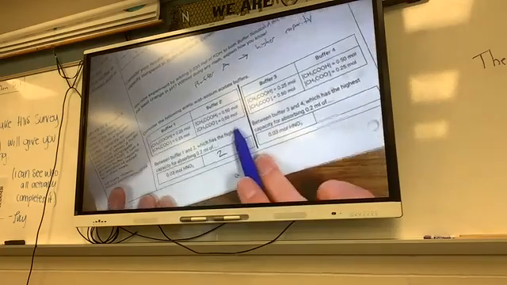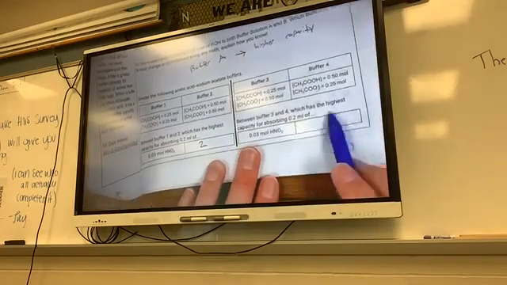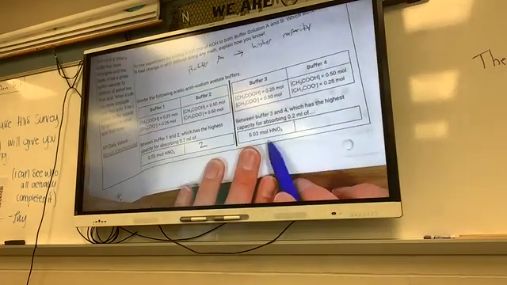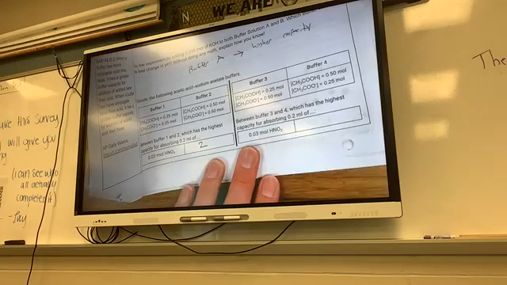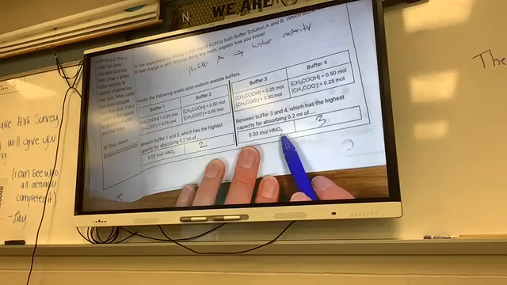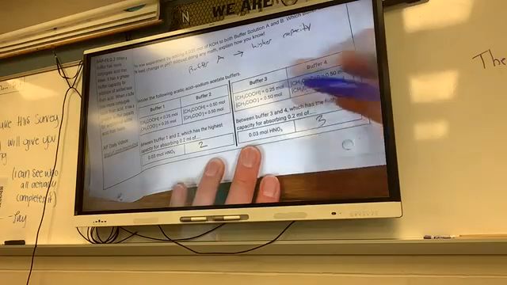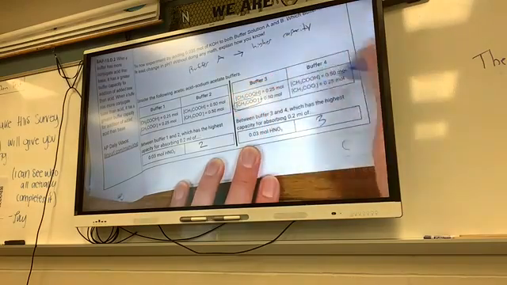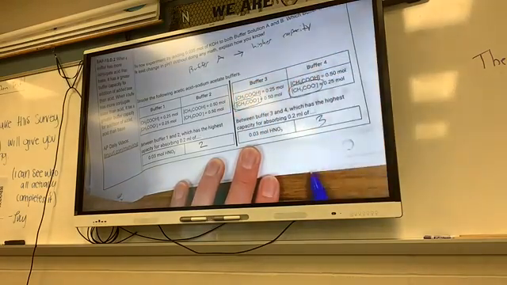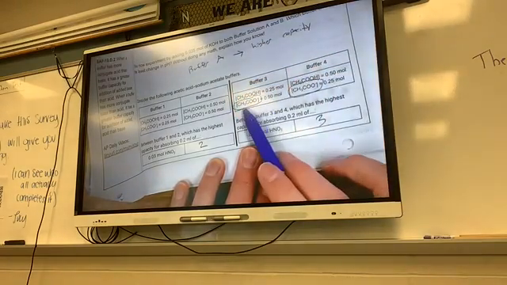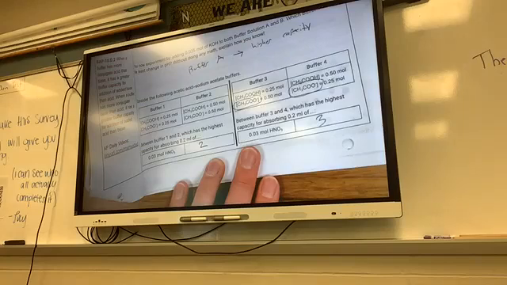Buffer 3, which one has a higher capacity for absorbing 0.2 milliliters of 0.03 HNO3? 3. Why? First of all, what's going to be eating up the HNO3? The negative. So on this one, I've got to compare the negative. Which one has more moles? CH3COO minus.